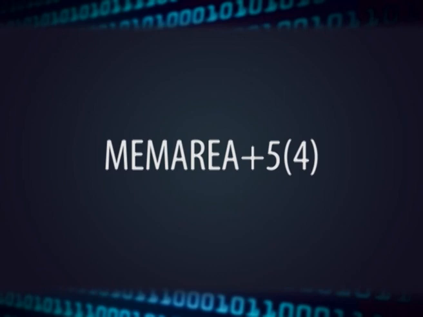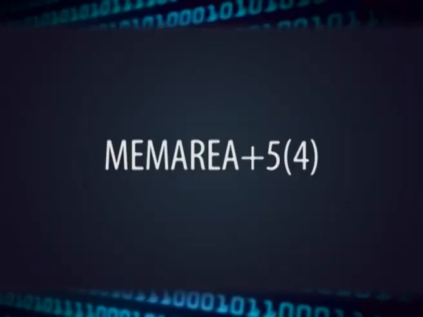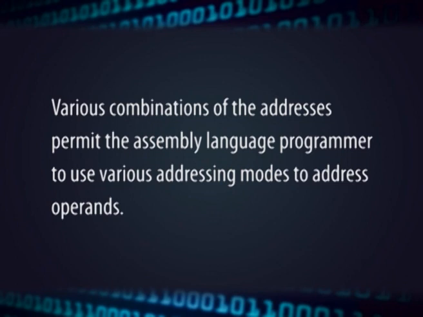That means the operand address is computed by adding the contents of index register 4 to the address of MEMAREA. The operand MEMAREA plus 5 followed by index register 4 in brackets is the combination of the previous two specifications. Thus, various combinations of the addresses permit the assembly language programmer to use various addressing modes to address operands.